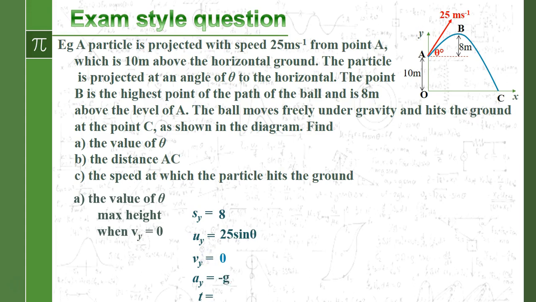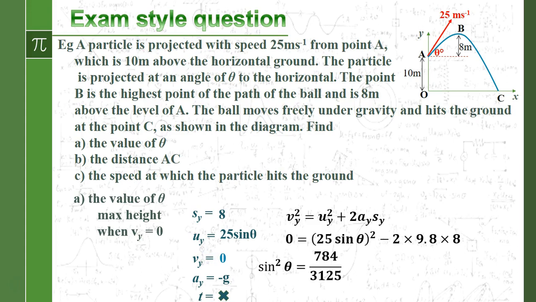Our acceleration is minus g, and t is the thing we don't know at this particular time. So the equation we're going to need is v squared equals u squared plus 2as. Put all our information into that, and we end up with an equation just in terms of theta, so it's now a case of solving that equation.